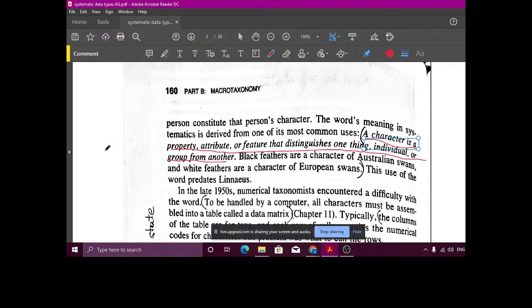Some character which distinguishes one group from another group. So black feathers are a character of Australian swans, and white feathers are a character of European swans. This is a taxonomic character.